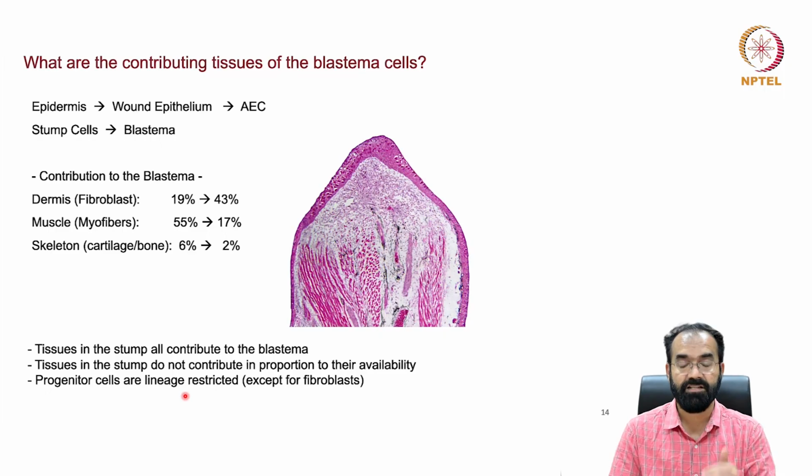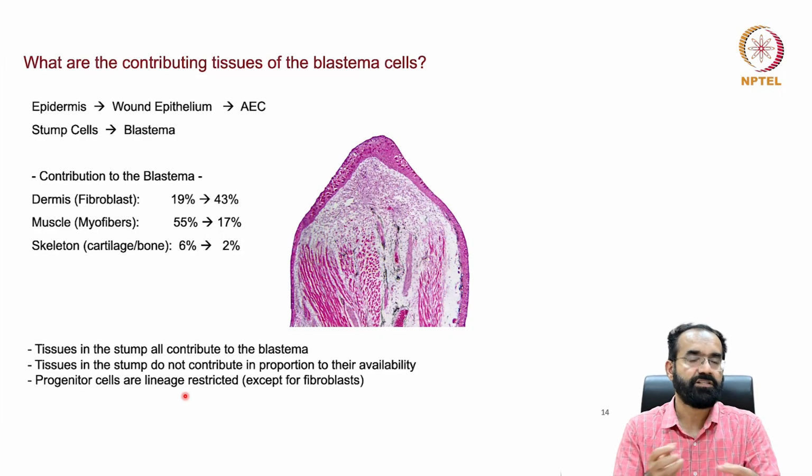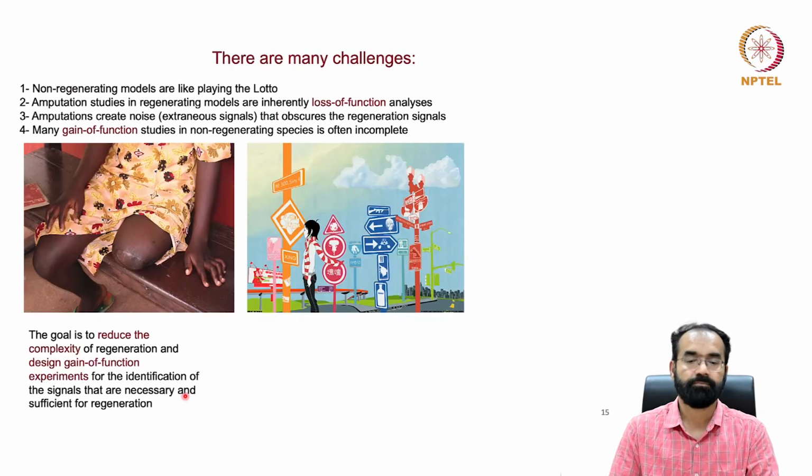Although the blastema is a mixed population, they retain some identity of what they are going to give rise to. Although they are undifferentiated in common, it is not that any cell can give rise to bone, or that any cell can give rise to muscle.